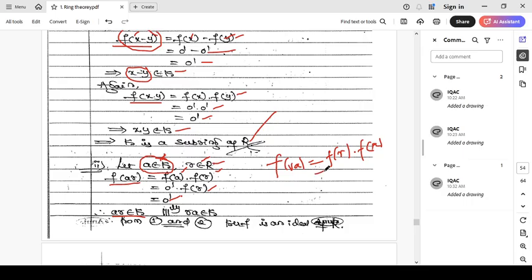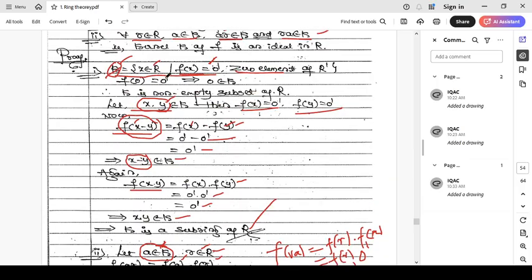After this, already we have the f of a value as what? According to the definition of the set K, f of a is 0 dash. So f of r into 0 dash is nothing but 0 dash. So f of ra, what did we get? 0 dash.